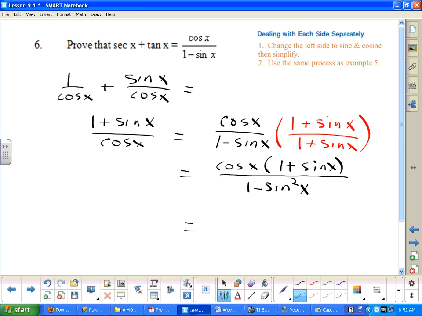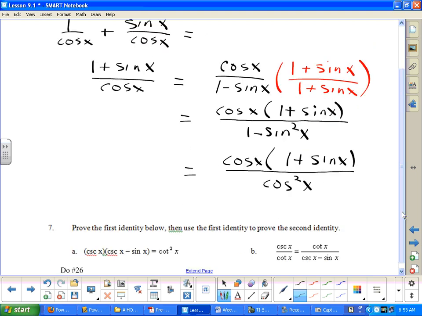All right? So on the right side, I have cosine of x times 1 plus sine of x over cosine squared. So the most difficult thing about this, and this tends to be very difficult for people, is the fact that you have to recall all the mathematical knowledge you've acquired over the years, and you've got to put it together and use it.